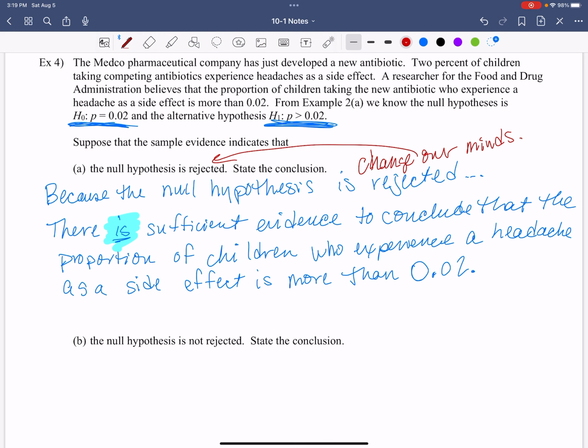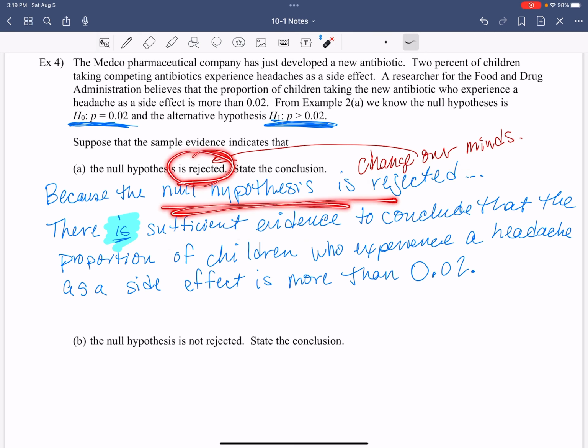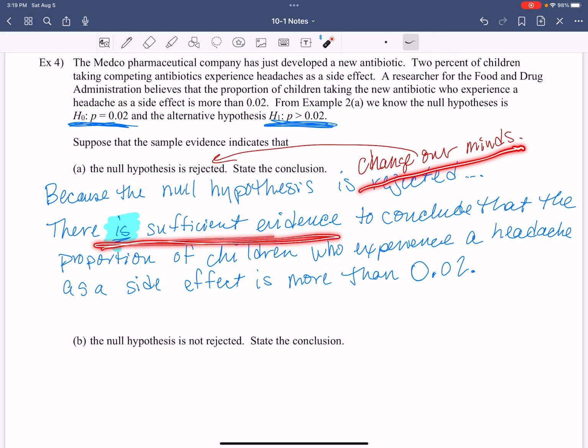You have proven to me there is sufficient evidence. I have done the work. I have collected data. I have got the information. There is sufficient evidence to change our minds. If we're going to change our minds, we reject what we started with. You see how that is? We change our minds because the evidence is enough to change our minds.